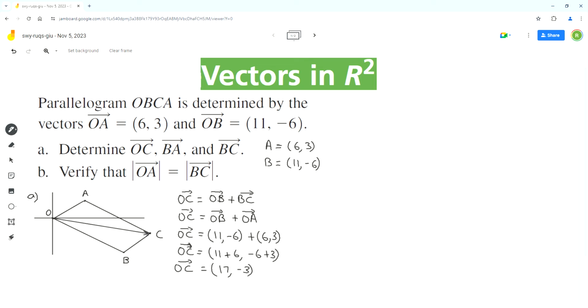Now we can find vector BA. We can break up vector BA into its position vectors. We start with the second letter and then minus the first letter. We are given vectors OA and OB.